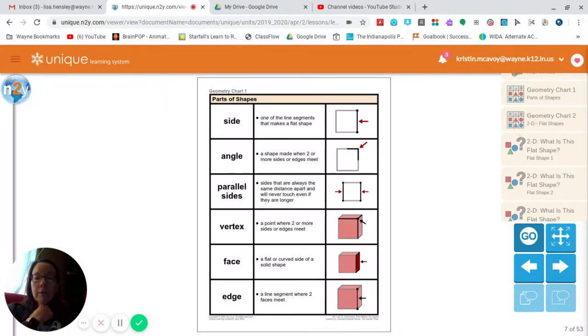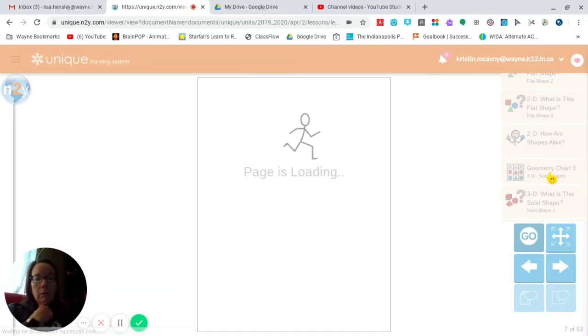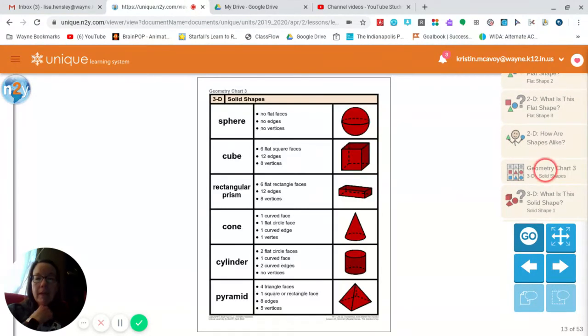It's a flat or curved side of a solid shape. So, how many faces does this shape have?